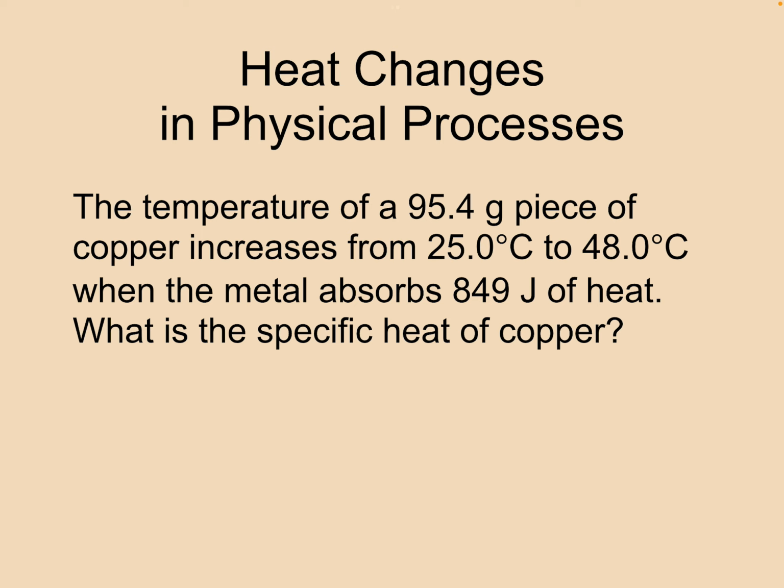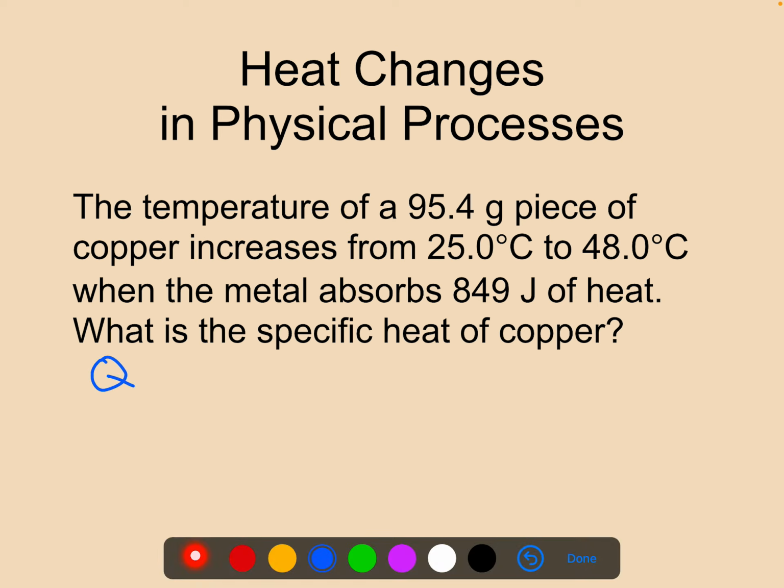Here it says the temperature of a 95.4 gram piece of copper increases from 25 degrees Celsius to 48 degrees Celsius when the metal absorbs 849 joules of heat. What is the specific heat of copper? So using our equation, Q equals mc delta T, plug in what variables we know. So it told us the mass is 95.4 grams.